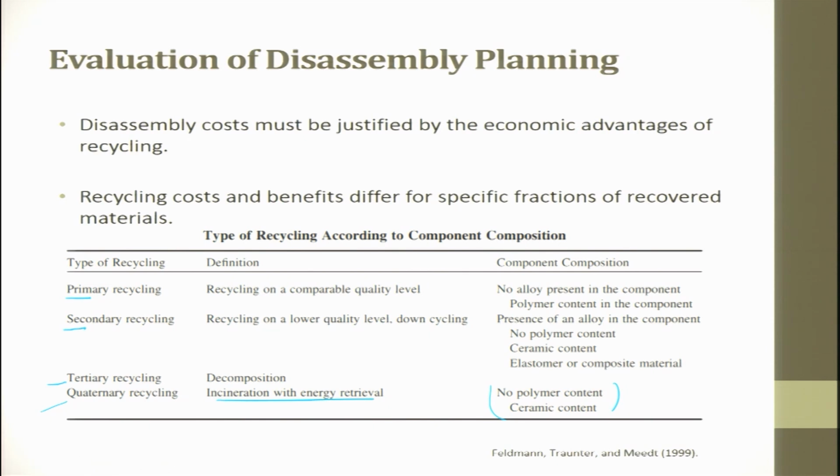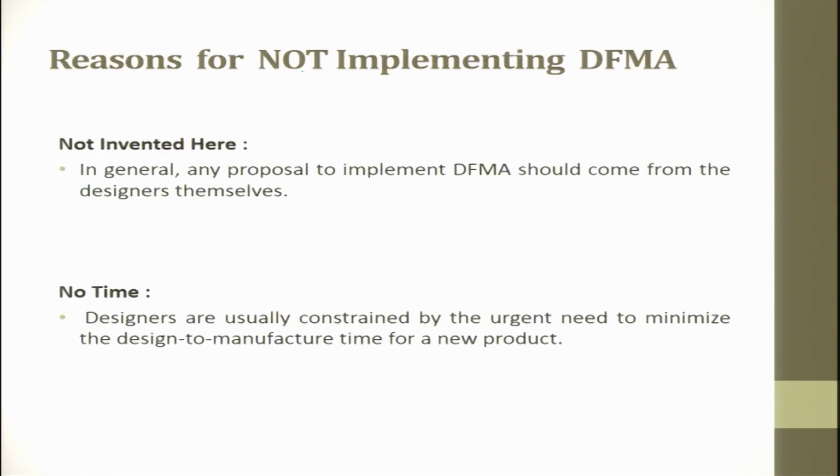So, reasons for not implementing DFMA, design for manufacturing and assembly: not invented here. In general, any proposal to implement DFMA should come from the designers themselves. If the designers do not come forward, then implementing DFMA is going to be very difficult.